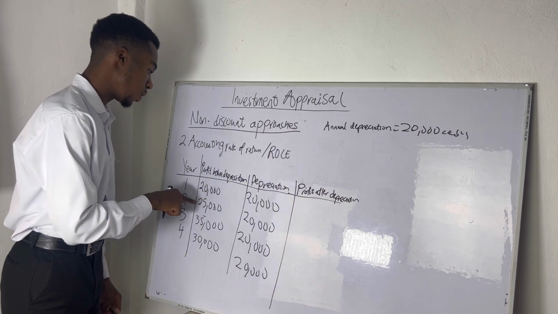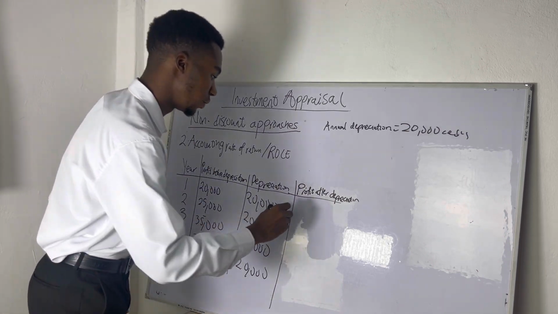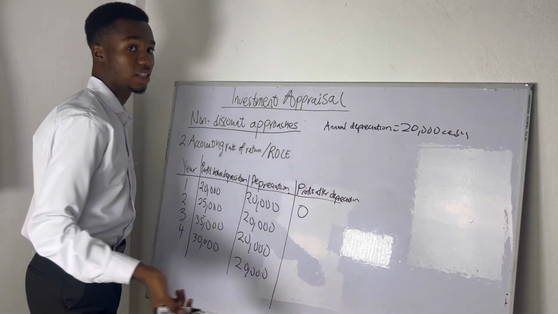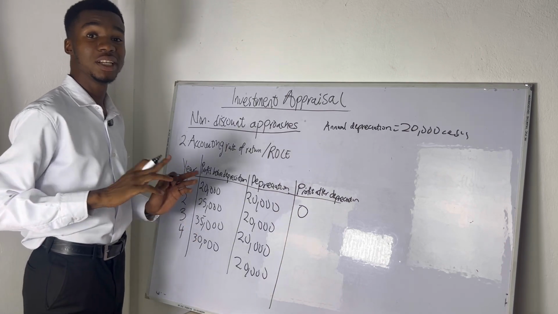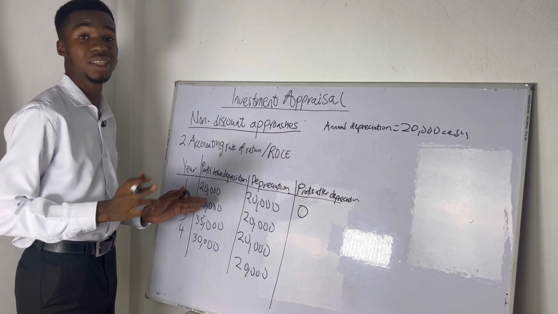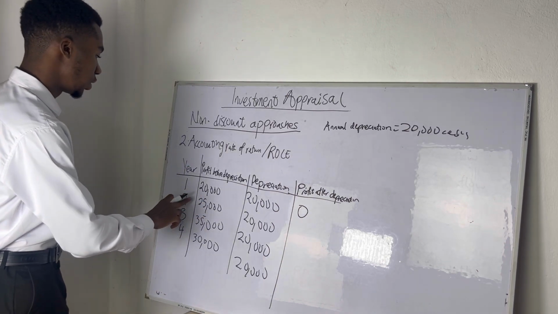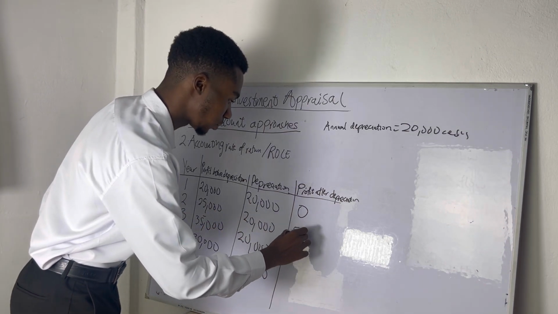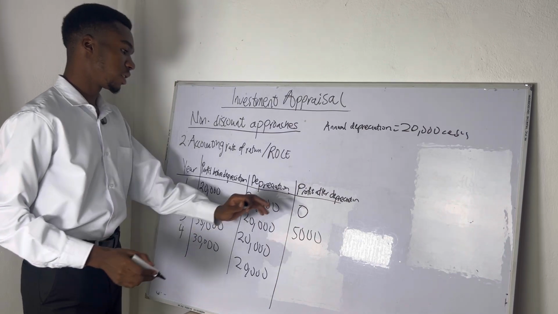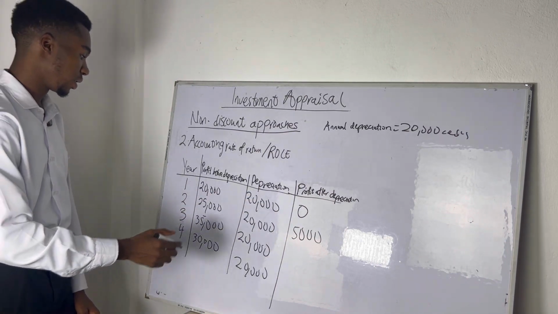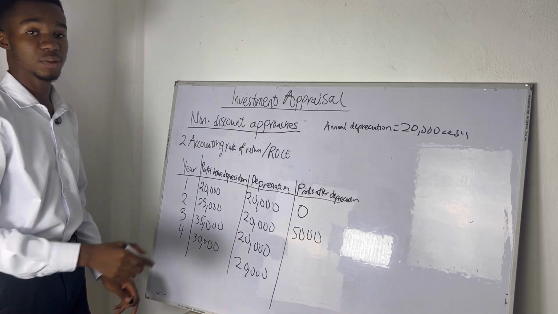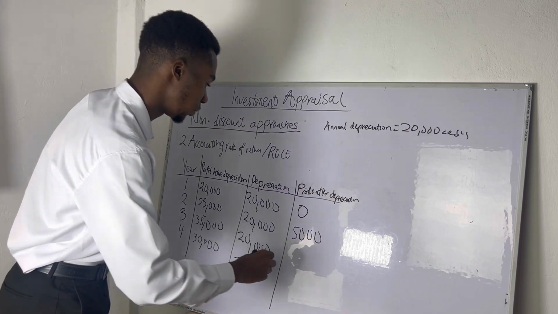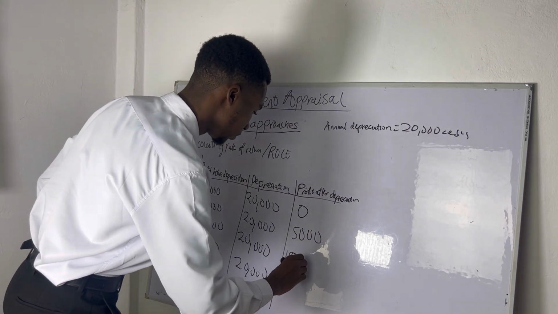So for year 1, 20,000 minus 20,000 will give you 0. So in year 1 we didn't really get any profit. That's what it means. Year 2, 25,000 minus 20,000, we are getting 5,000. So year 2, our profit after depreciation is 5,000. Then year 3, we have 35,000 minus 20,000, which is 15,000.